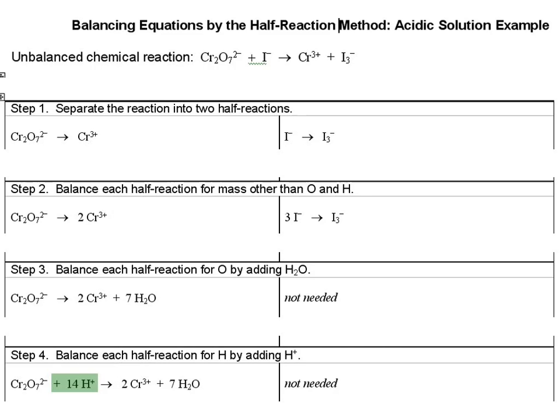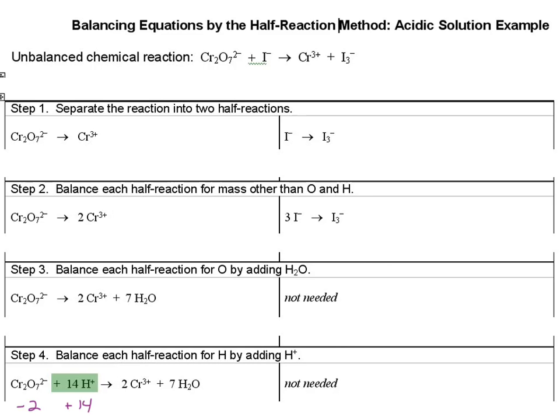Then we're ready to balance for charge. Let's take a look at charge here. I'm going to refer to the bottom one. Again, it seems kind of strange, but can you see where I have a -2 and a +14 here?